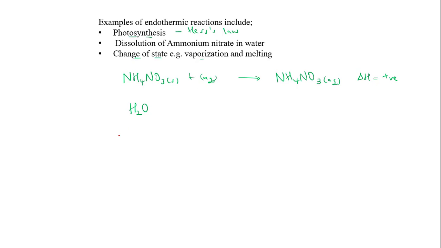When you look at melting, we are changing from solid to liquid. In vaporization, a liquid such as water goes to the gaseous state, to steam. For such changes, heat must be added into this system.